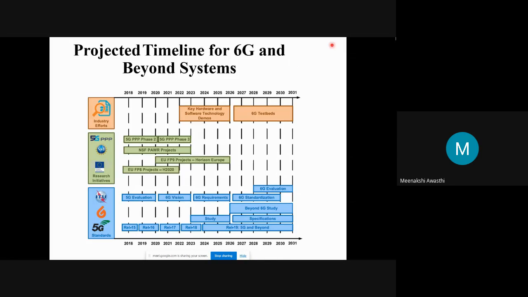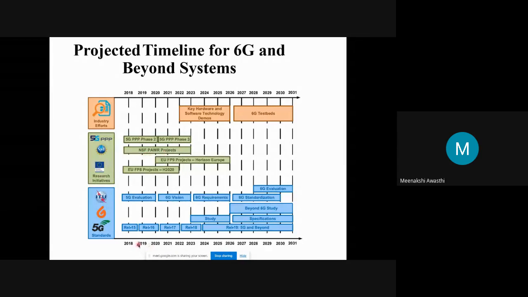Starting from 2018, the 5G evaluation was started. Release 15 was developed in 2018, and 5G phase 2 and NSF PAWR project were started.